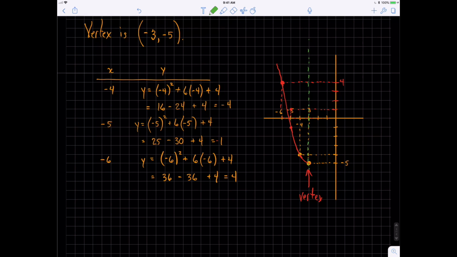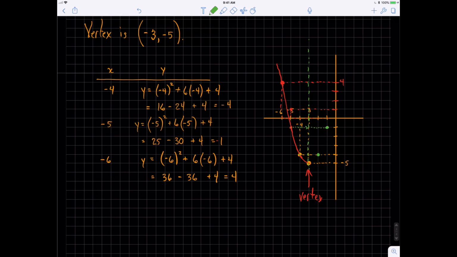Notice that this dot here at negative 4, negative 4 is only 1 unit to the left of the axis of symmetry. So if I go 1 unit to the right, I get the other point. My next point here is at negative 5, negative 1. Well, notice that I'm 2 units from the axis of symmetry, so I can continue 2 units to the other side. There's my next point.